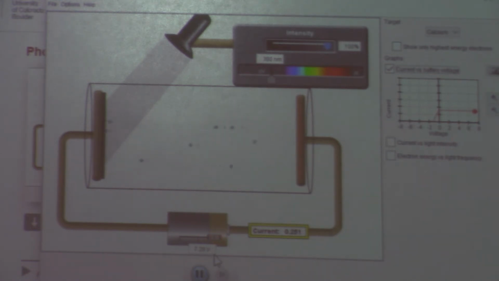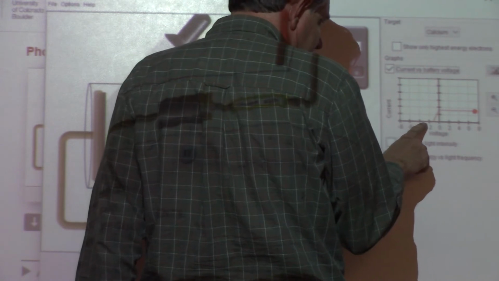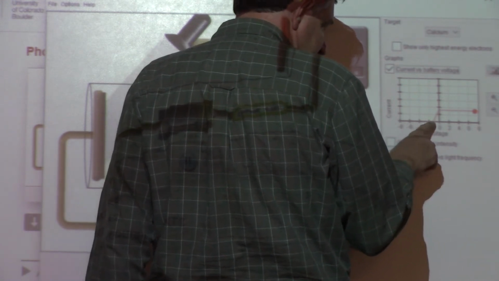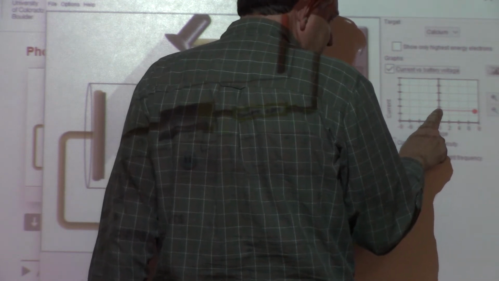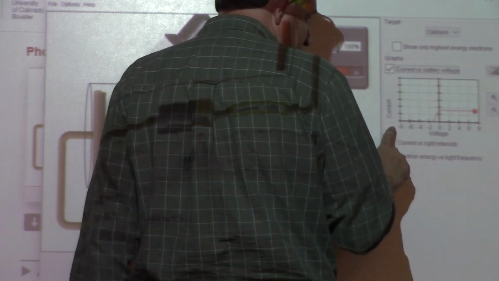So here's what we've got. And again, this is tough to see. I wish this was bigger. So I've got no voltage at all until about -1.5. Then it begins to go up. This is your current here, and this is your voltage.